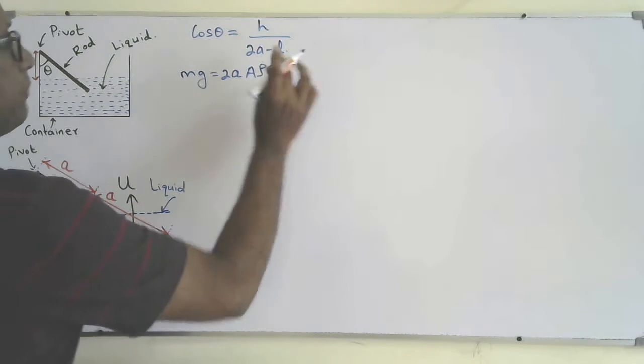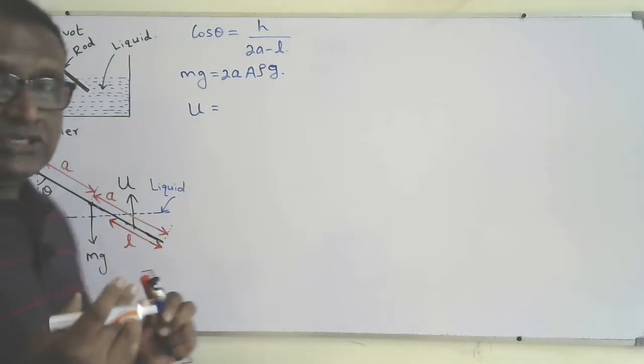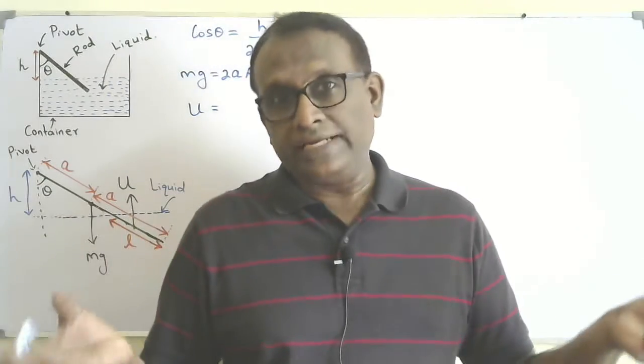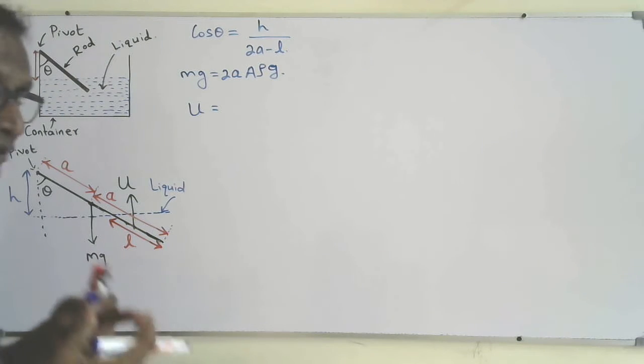Okay, so what will be the upthrust? How to find the upthrust? Upthrust is equal to the weight of the displaced fluid, as Archimedes' principle says. So how do we find the weight of the displaced liquid here?